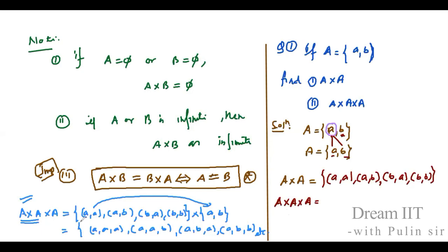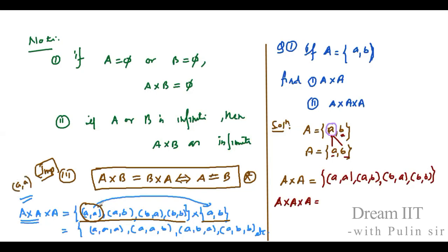Once I am asking you to find the product of this set with this set, I need to pick one element of this, and the shape of the element of this is not a comma a, but (a comma a) in the bracket.